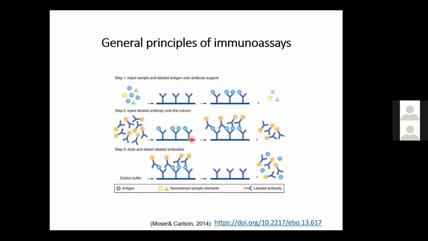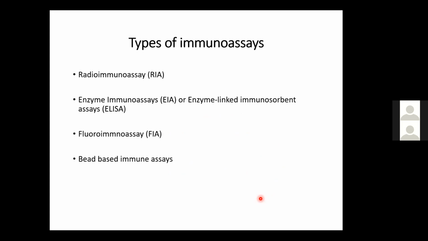After the initial binding, you can have a second antibody which carries the fluorochrome, and then we quantify the amount of fluorescence coming from that labeled antibody. A similar concept applies to newer types of assays, which are known as bead immunoassays. Later in the presentation, I'll briefly go through the newer type of bead-based immunoassays.